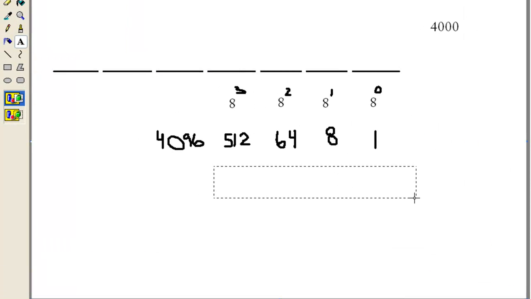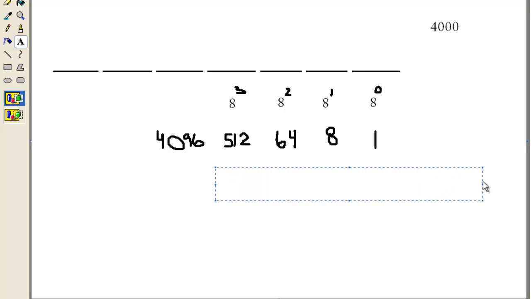Okay, so what we need to do is first look at this number and say, okay, well, 512 is our starting point. So how many times does 512 fit into 4,000? Okay, well, let's see. 512 fits in 7 times.